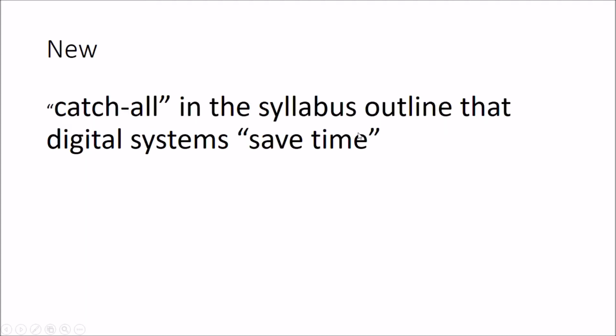So, in terms of the examiner's position on the syllabus, there is a catch-all in it, which is that digital systems save time, and that covers a multitude of different potential advantages that are not stated within the syllabus. So I'm going to highlight all the additional advantages that can be possible of digital systems, especially if the examiner has to pivot away from this statement of recurring journals being great, and to something else.